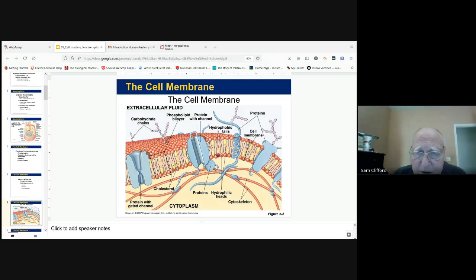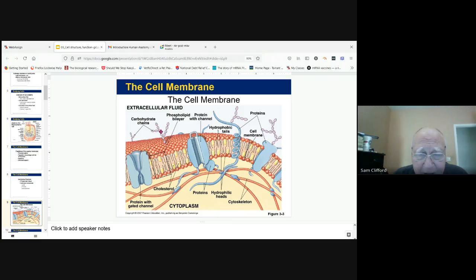So all of these portions either face the extracellular fluid or face the intracellular fluid, the cytoplasm. So you should know that phospholipids have a hydrophilic head and hydrophobic tails, like dissolves like. So this is called a lipid bilayer.